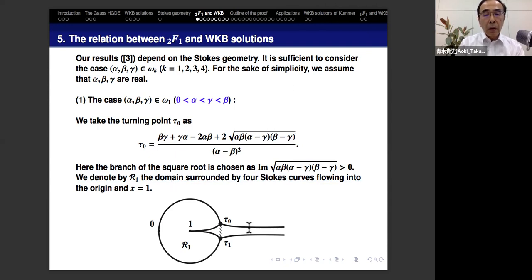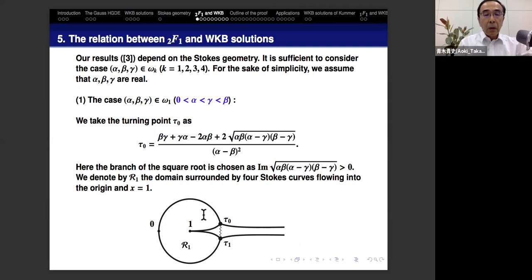And this picture is a typical example of the Stokes geometry of the Gauss equation. Tau naught is this turning point, and tau 1 is another turning point. And there are three Stokes curves emanating from each turning point, and two of the Stokes curves flow into each regular singular point, 0, 1, and infinity.